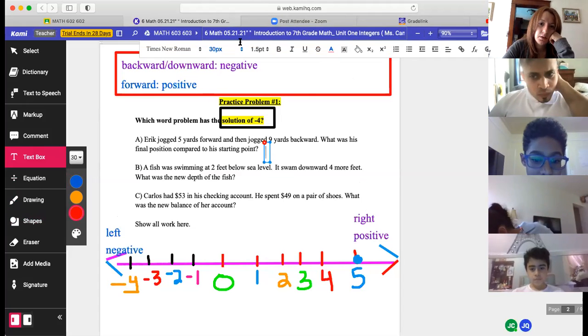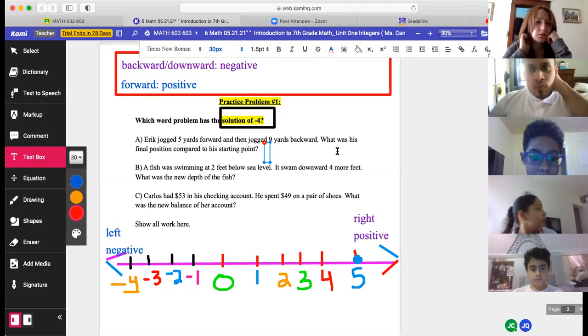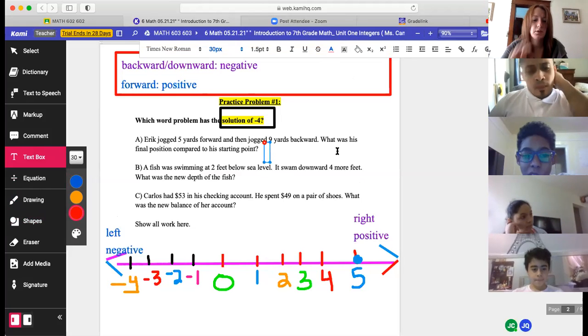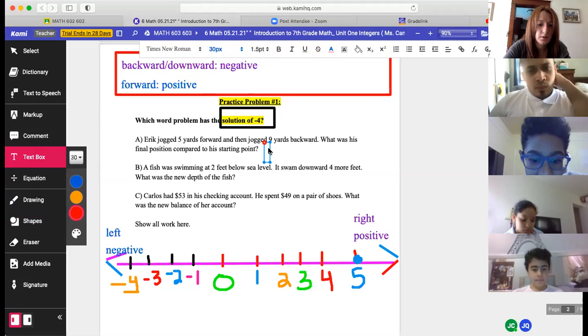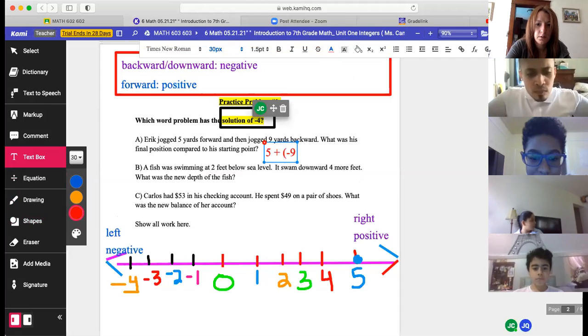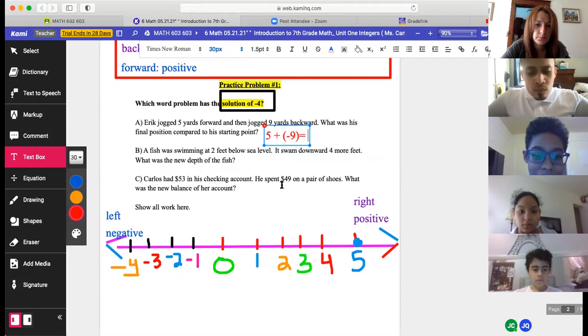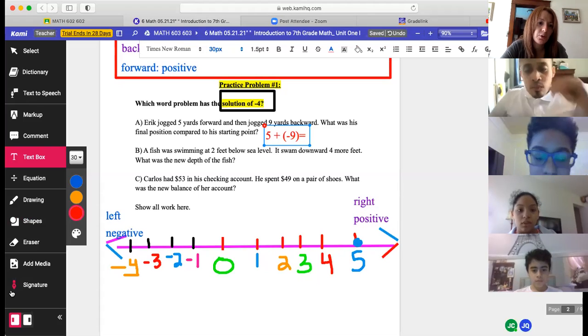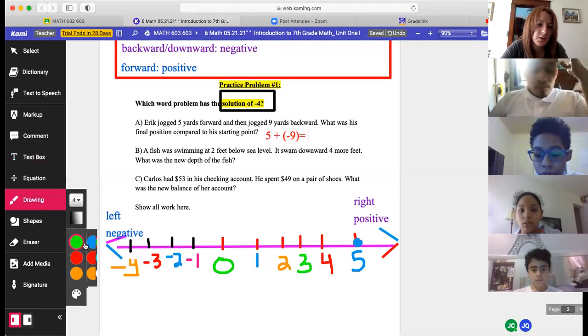Okay, so on the number line, he would jump 5 times to the right, which would be +5, plus a -9, which means jumping 9 times in the negative direction. Great. So Joseph, we're going to start at 5 and we're going to go to the left 9 spaces, correct?